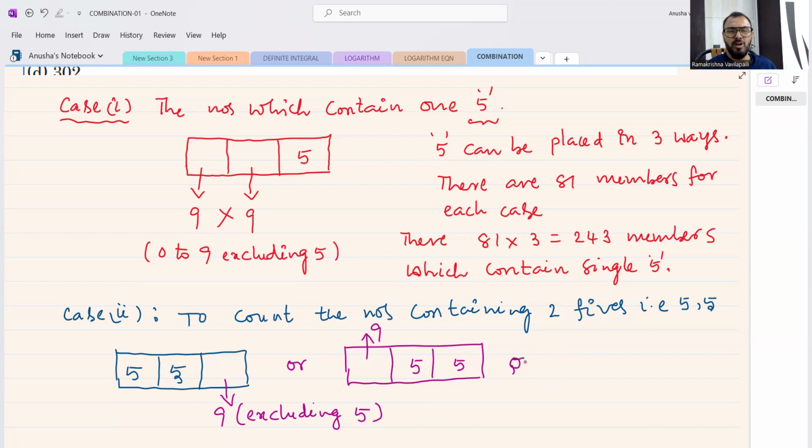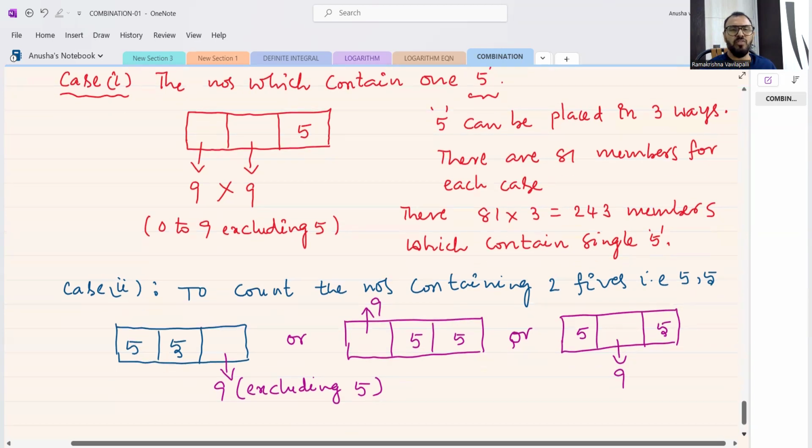Third case: the first digit is 5, the last digit is 5. Now this can be filled in 9 ways, 0 to 9, excluding 5.